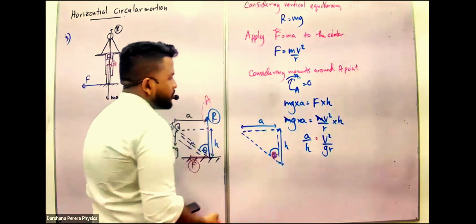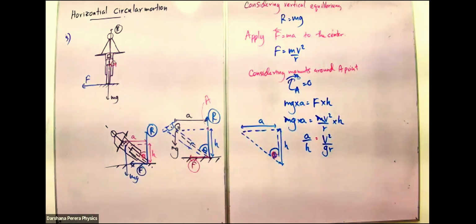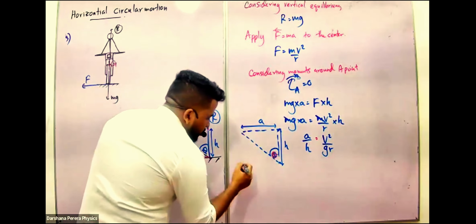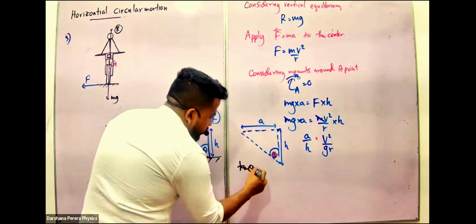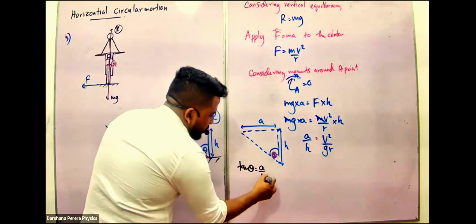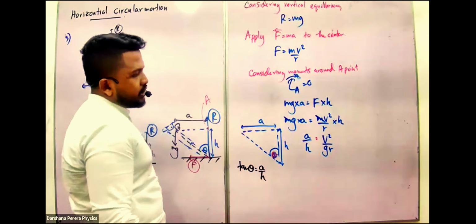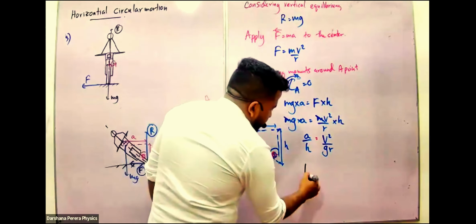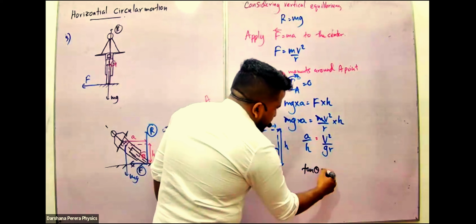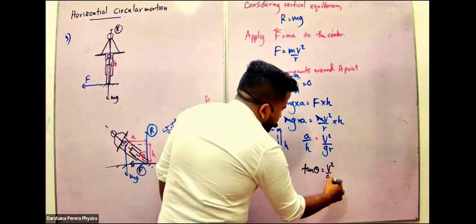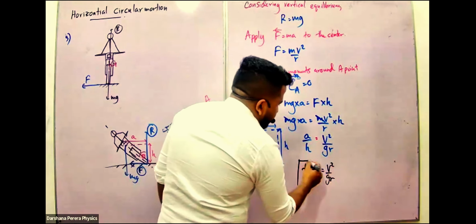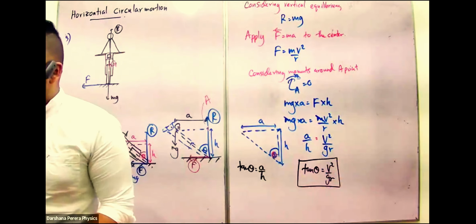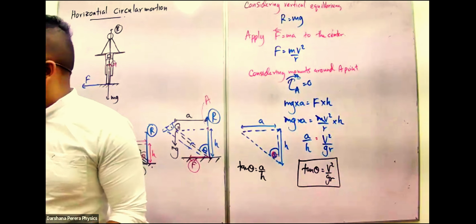We can simply tell tan theta equals a over h. Therefore, tan theta equals v squared over gr. Right? This is the lean angle.